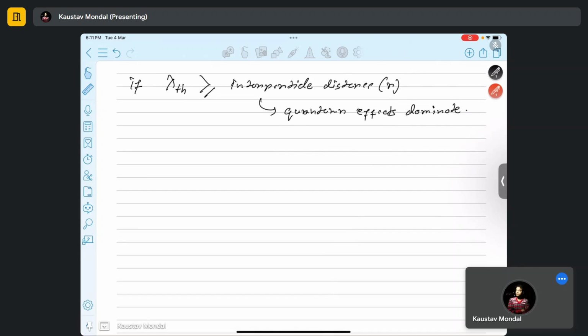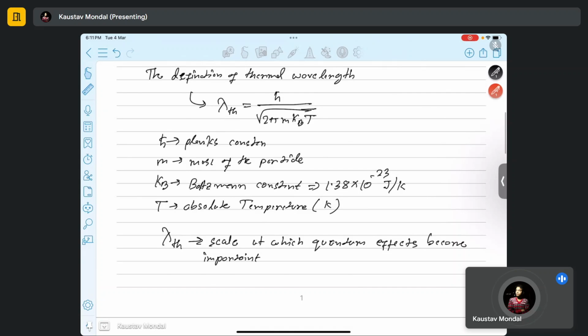Now if lambda thermal is smaller than the interparticle distance r, then we can use classical physics to get a good approximation. So this is basically one of the importance of calculating the lambda thermal.